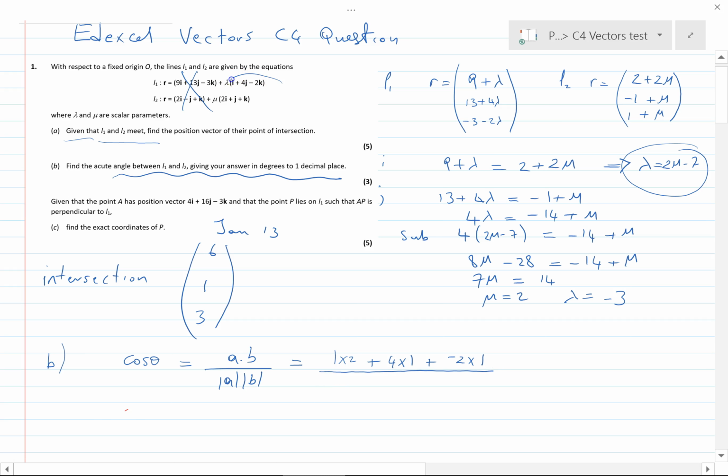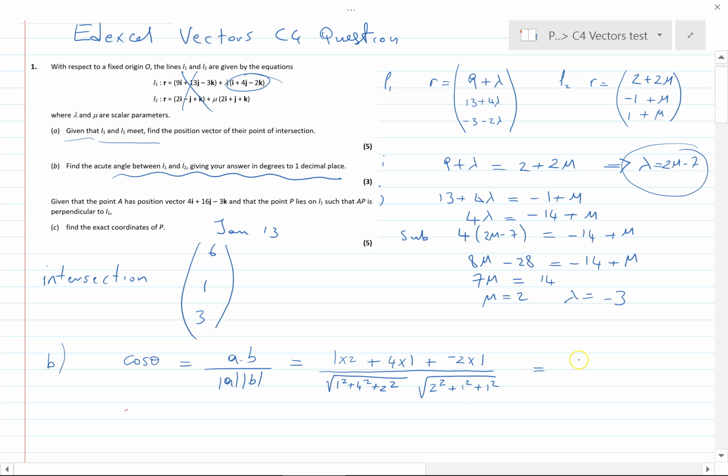Now we're looking at the magnitude or the modulus of that. That's 1 squared plus 4 squared. I tend to ignore negatives, less to write in the calculator. We know that minus 2 squared is plus 2 squared. So that's that, times by these, 2 squared plus 2 squared plus 1 squared plus 1 squared.